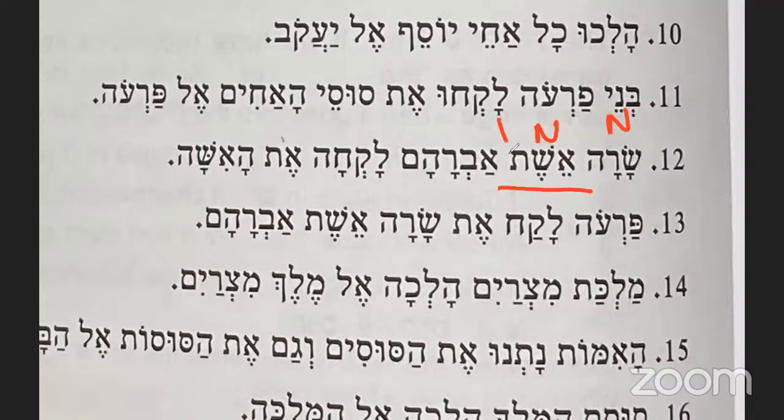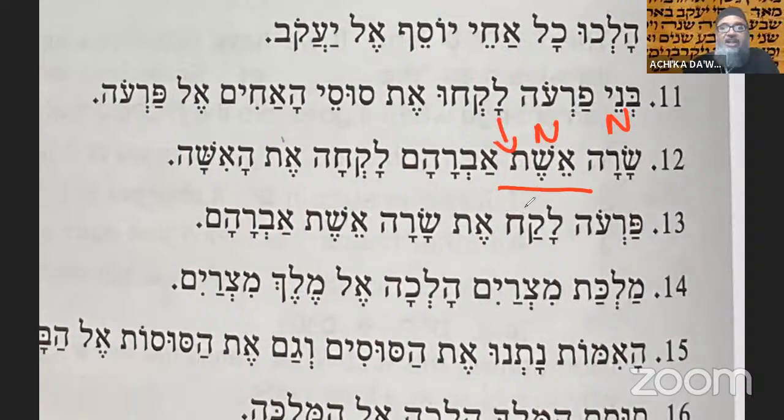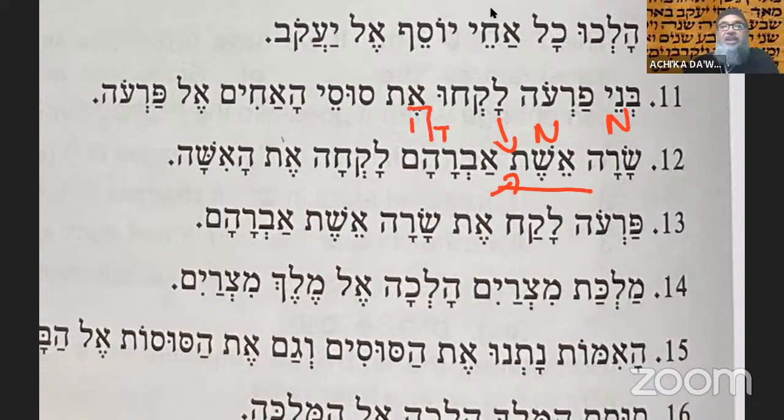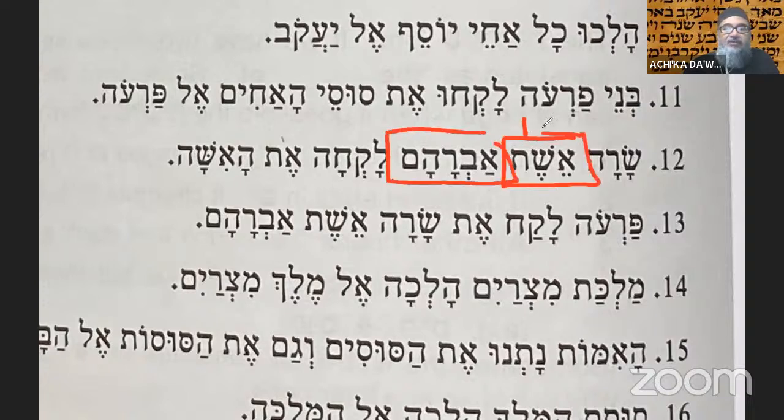Wife. She is wife. Good. Isha. What did it used to be before they put the tav there? The which made her feminine, right? Because it's going to be the first, listen, it's the first in the second noun. Okay, so Sarah is the wife, the Eshet of the second one, Abraham.